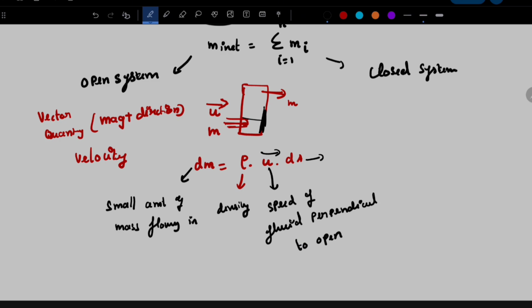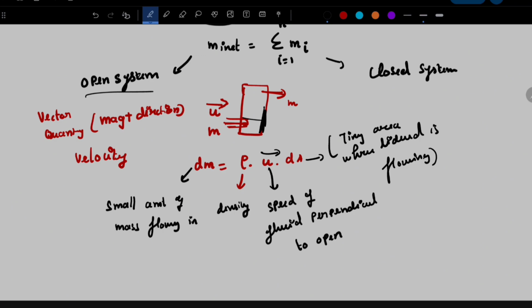And dA is the tiny area where the liquid is flowing. That's it. This is how you need to calculate an open system. Done.